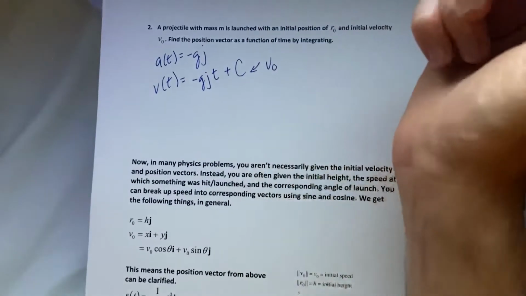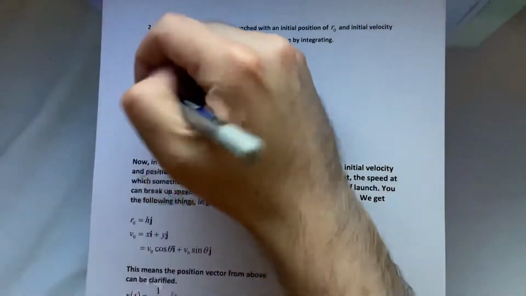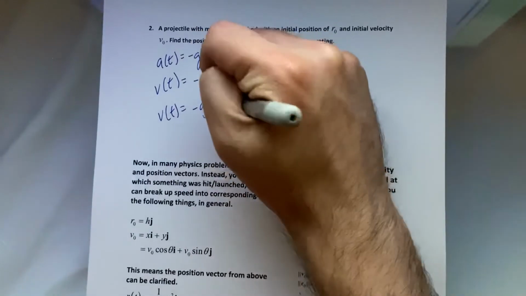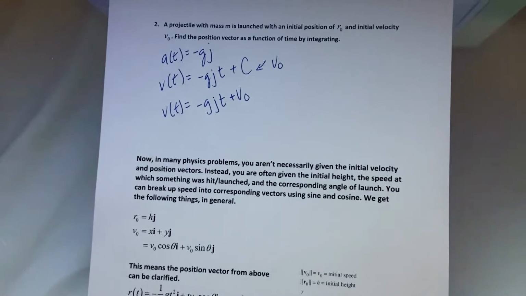C is the v0, because when t is 0, it's our initial velocity. So v of t equals negative gjt plus v0. Something we can do with v0 is break it into its components. Any direction is going to have an angular component where there's a cosine direction and a sine direction.